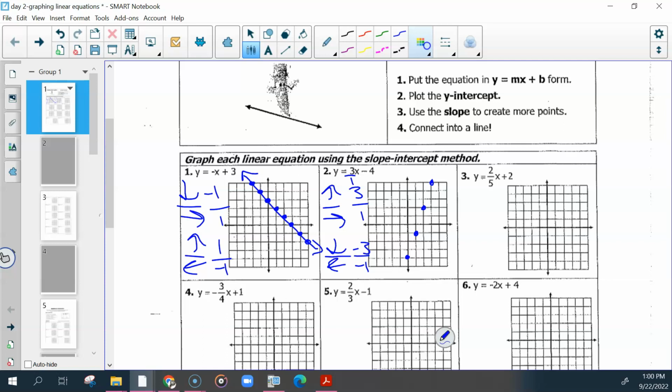From my y-intercept, I cannot go down 3 and left 1, so I wouldn't extend my graph or anything. I would just stop here and connect all my points. Any questions on that one?